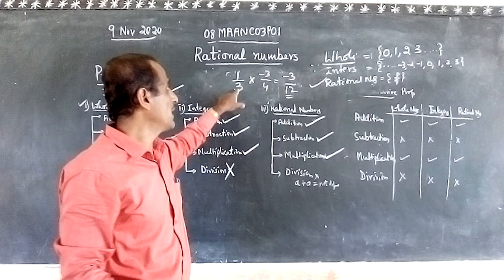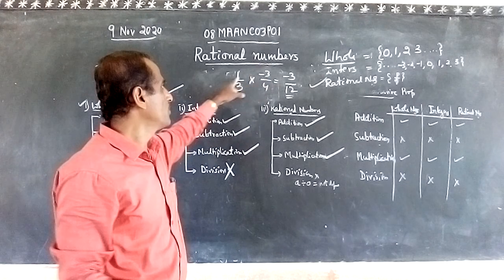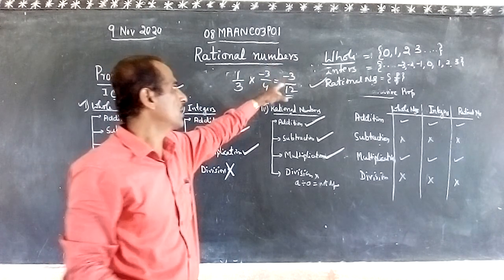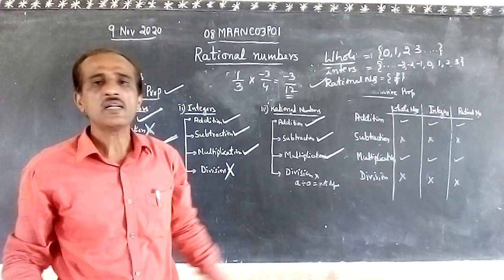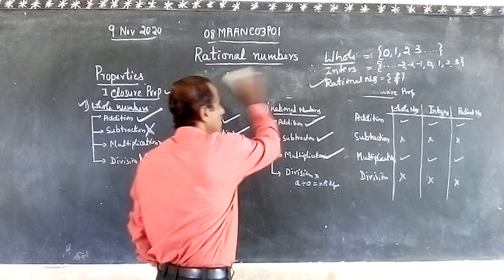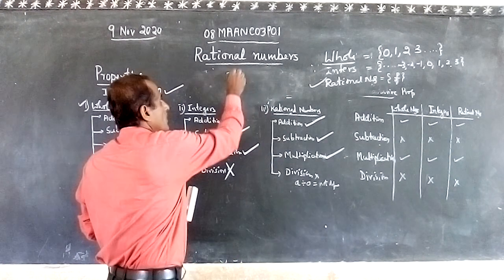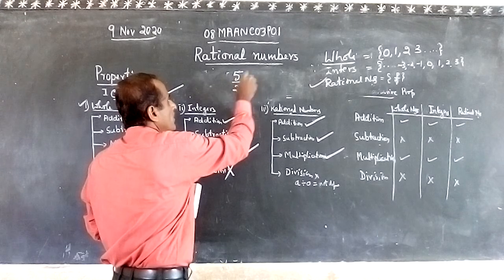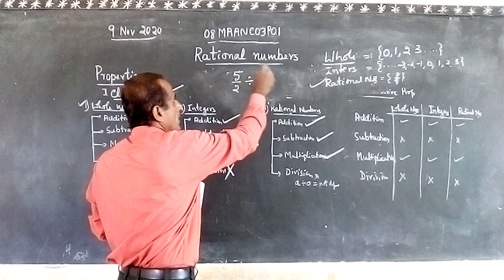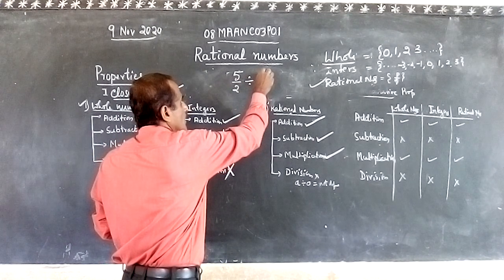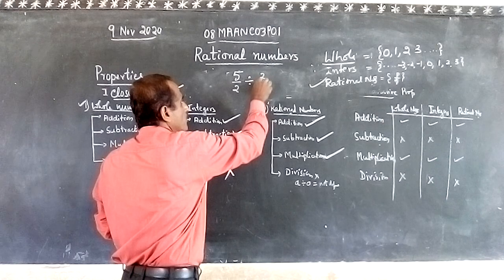You can use any rational number instead of this one; the product is also a rational number. Now for division, what happens? See how to divide 5 by 2 divided by 2 by 4.